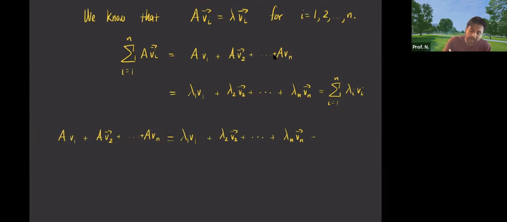Is there a way for me to write this as a product of matrices on the right side? On the right side, remember what we have: scalar, vector, scalar, vector, scalar, vector. Is there a way that I can represent this as a product of two matrices?